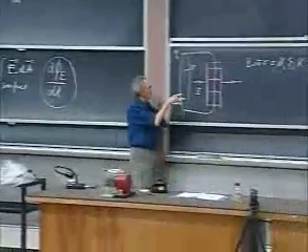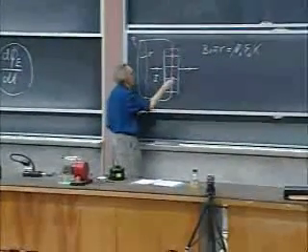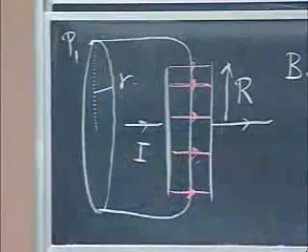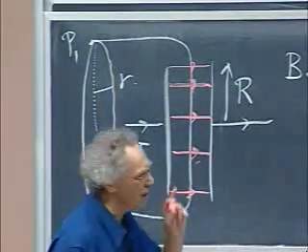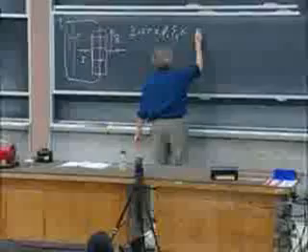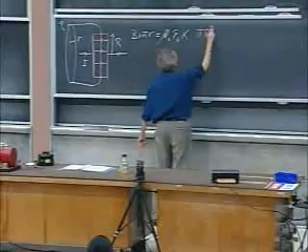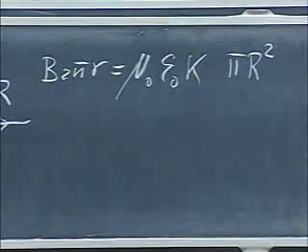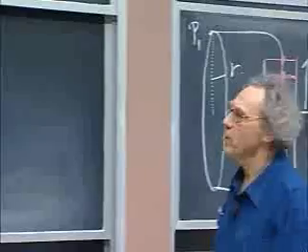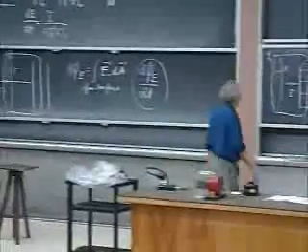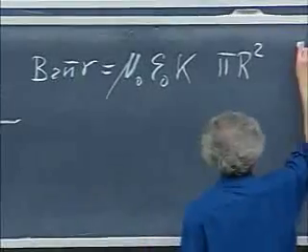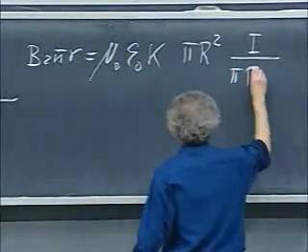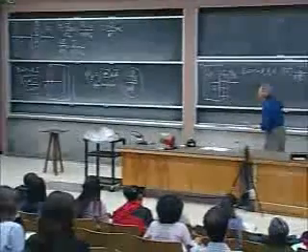E and dA are in the same direction. So this is the electric field times pi capital R squared. And therefore, if I want to know what the derivative is, then I get this pi R squared, which is that surface area, and now I need dE dt. And the dE dt we have, that is I divided by pi R squared kappa epsilon 0.